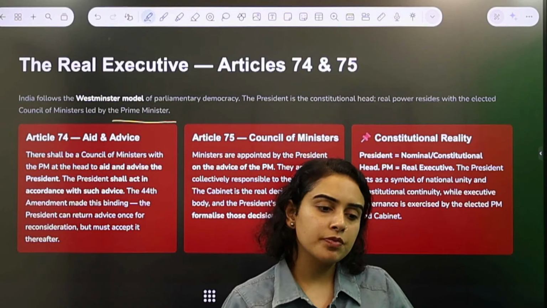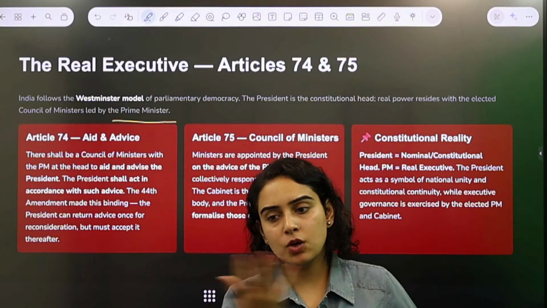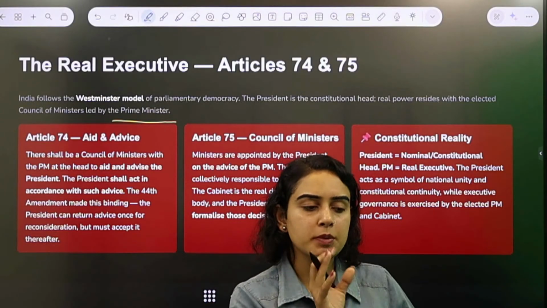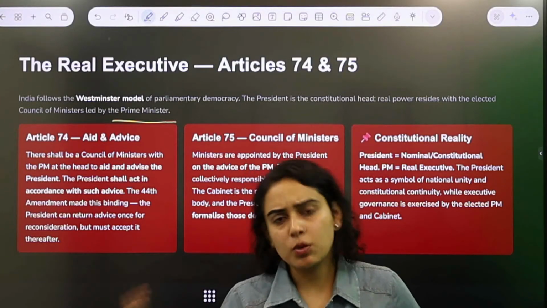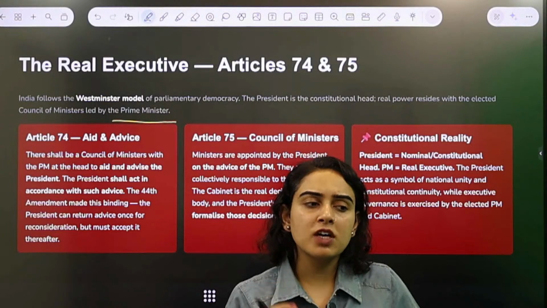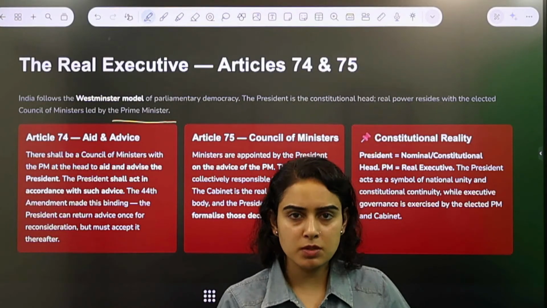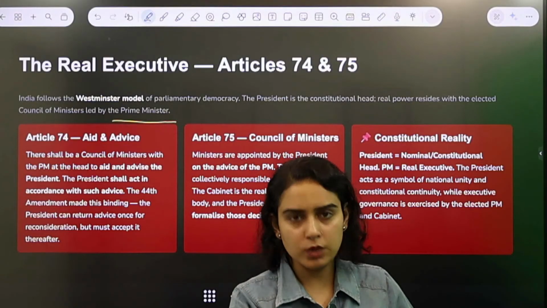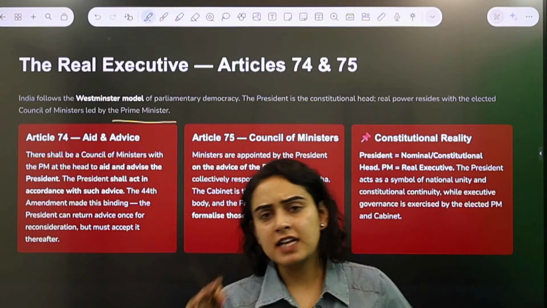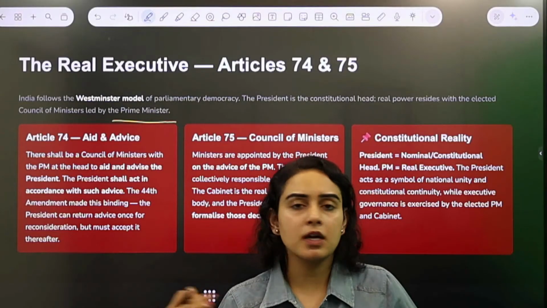Now, in your Lok Sabha and Rajya Sabha, there are going to be people belonging to the ruling party, and then there is going to be an opposition as well. Whosoever has the maximum seats in the Lok Sabha will form the government and be the ruling party, and whosoever has fewer seats will become the opposition.